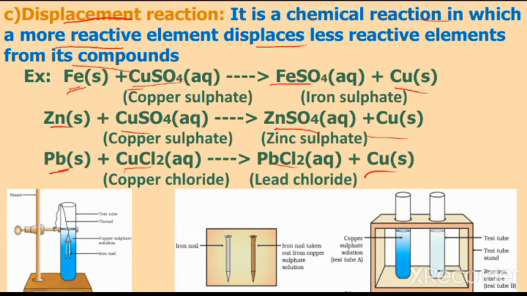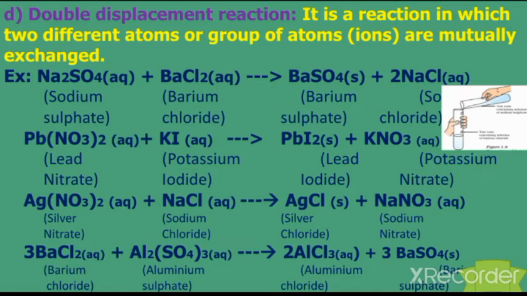So these are the displacement reactions. You can also perform this experimentally with a copper sulfate solution. If we keep an iron nail in it, the blue color of the copper sulfate disappears and shows a light green color, which indicates the formation of ferrous sulfate.